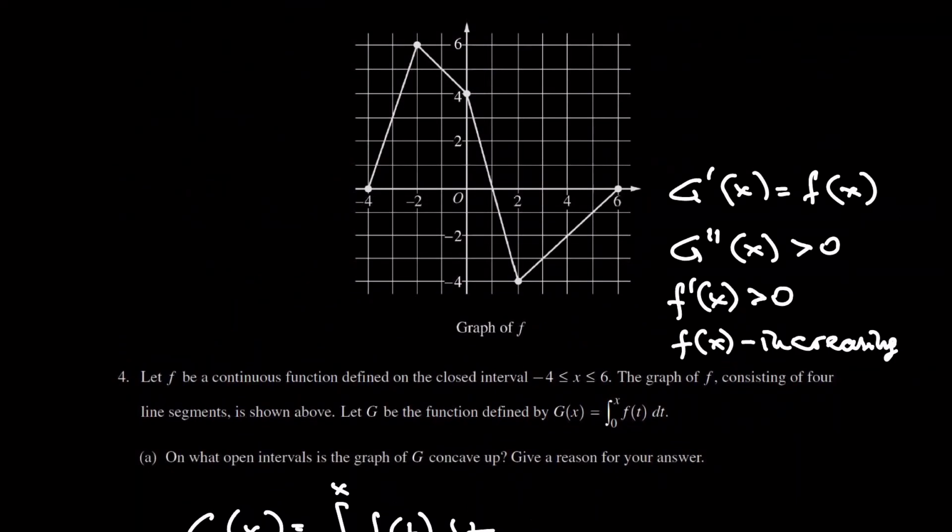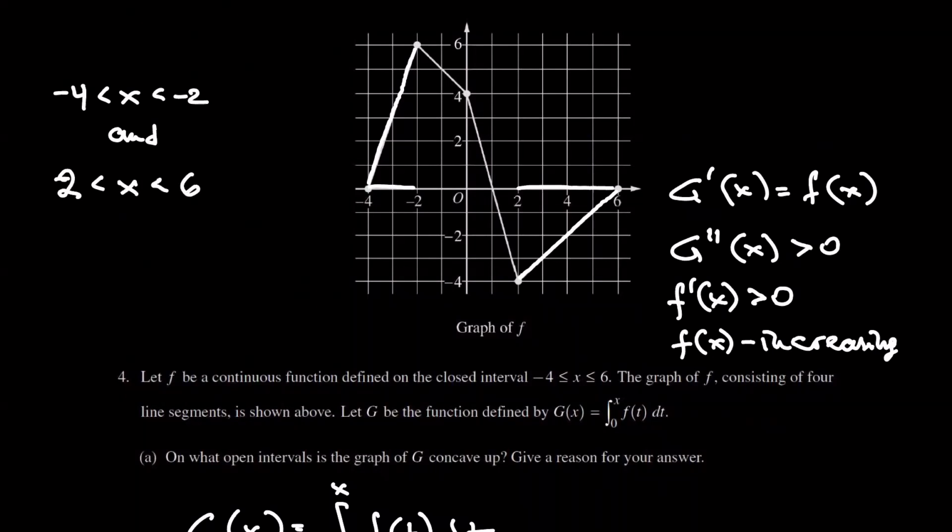The function is increasing on this interval from -4 to -2, so the answer will contain the interval from -4 to -2. And then it also increases on this interval from 2 to 6, so the answer will include the interval from 2 to 6. So the answer is -4 less than x less than -2, and 2 less than x less than 6.